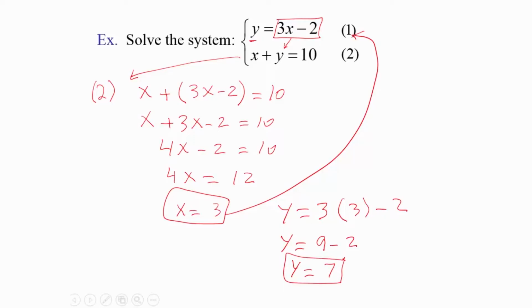So that means these two lines cross each other. This is line 1. This is line 2. These two lines cross each other at the coordinates of 3 and 7. If you use your calculator or online graphing calculator, you can see that they cross each other at 3 and 7.